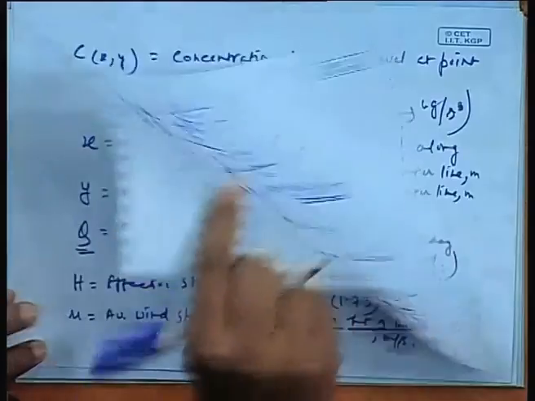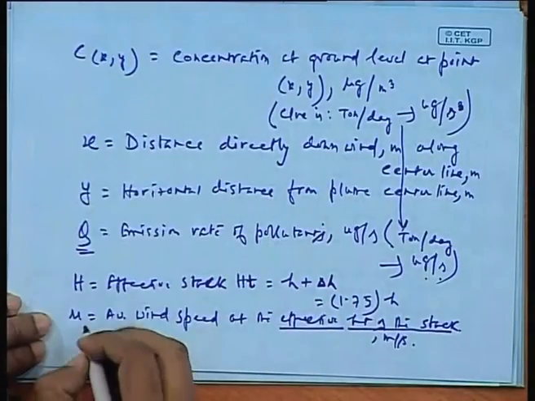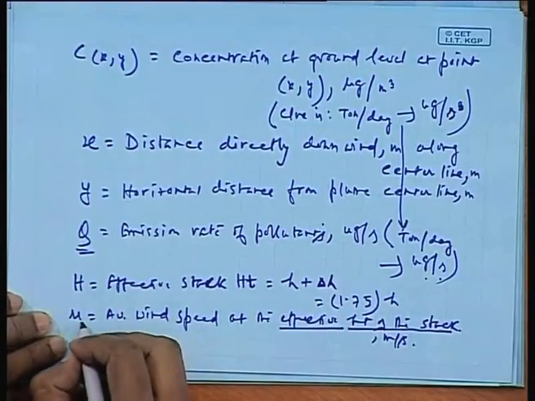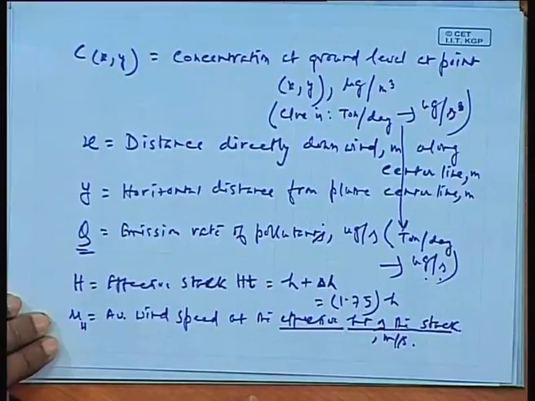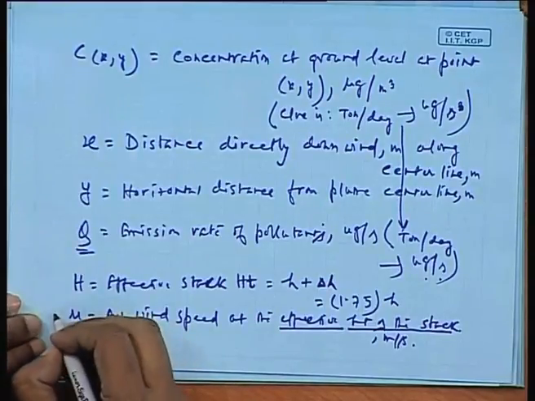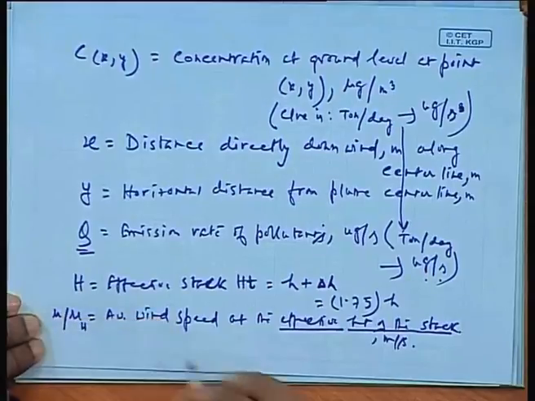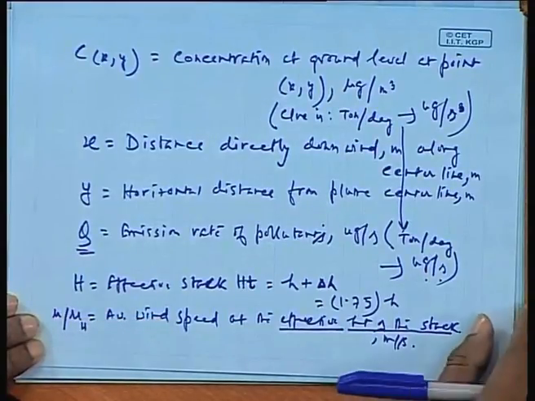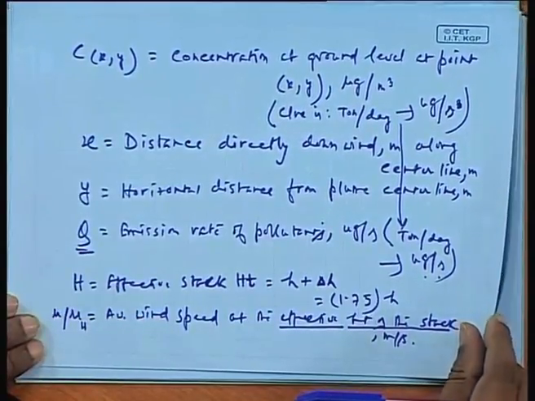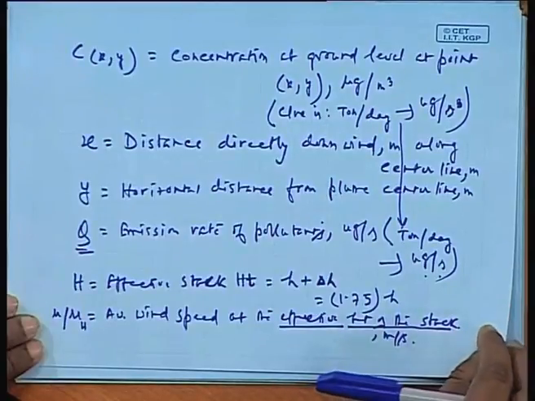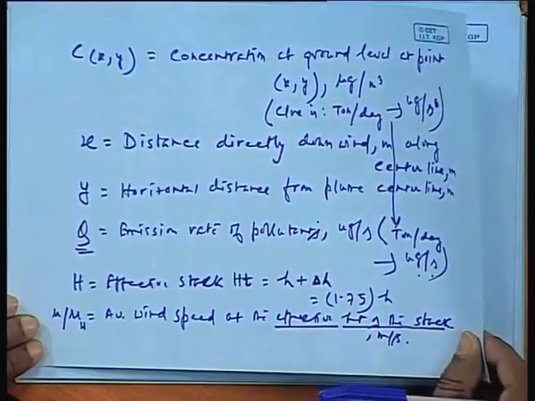So U or UH is the average wind speed at the effective height of the stack in meter per second.